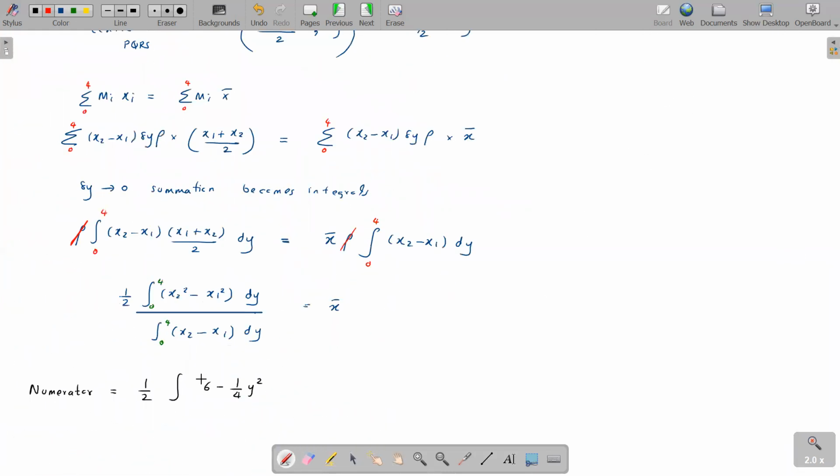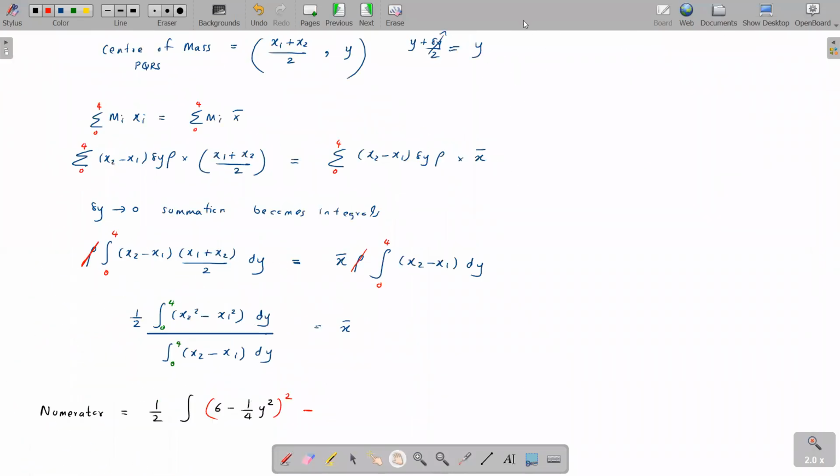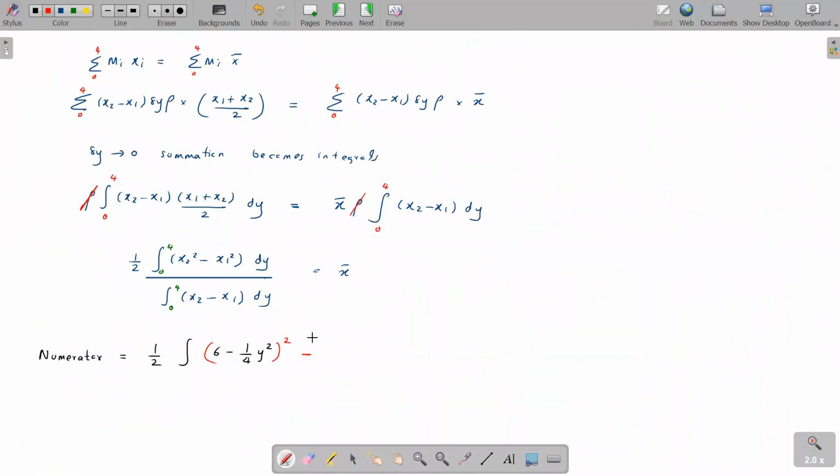So that x2 should be squared. Can you see x2 square minus x1 square? So x1 is y over 2. X1 is y over 2. So that's y over 2 square. Guys, can you see? With respect to y. So this is the numerator, half x2 square minus x1 square. So it gets a little bit more complicated because you need to square it.